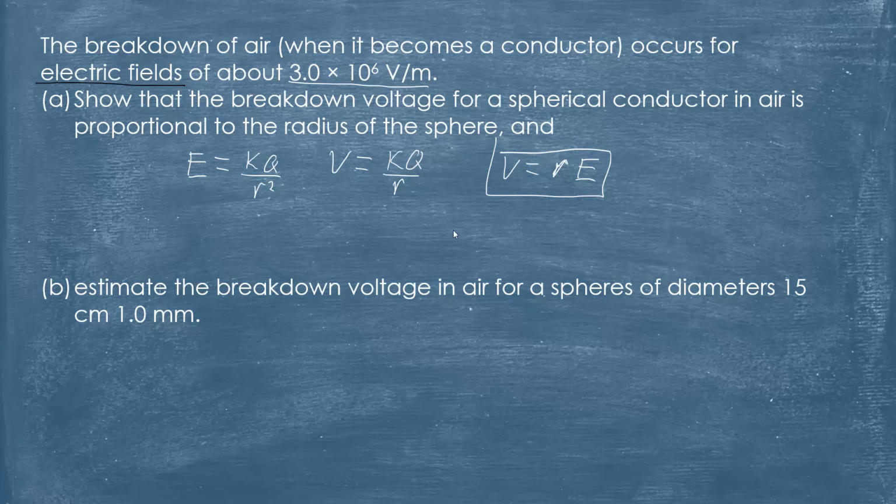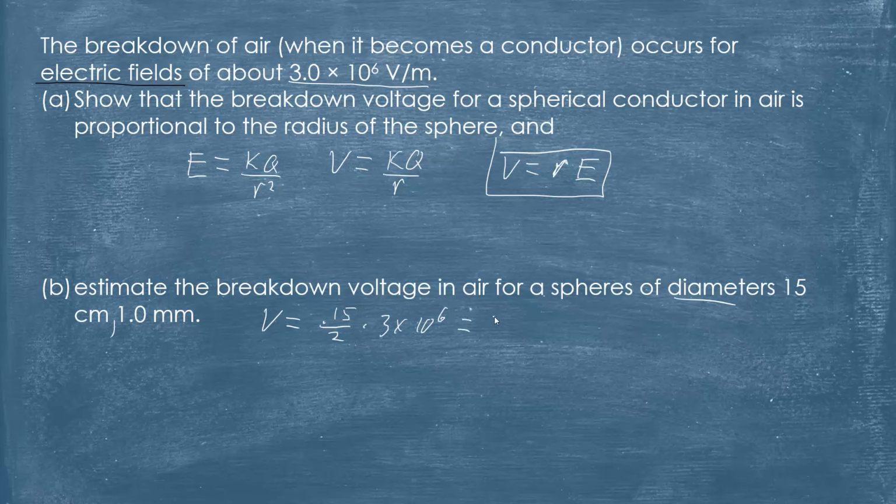So if we apply this equation to spheres of a couple of different diameters, 15 centimeters and 1 millimeter, and look at the breakdown voltage for each of those, in the first case we're going to have V equals 0.15 over 2, because that's the diameter and we want to make sure it's radius, times the breakdown electric field, 3 times 10 to the 6th.